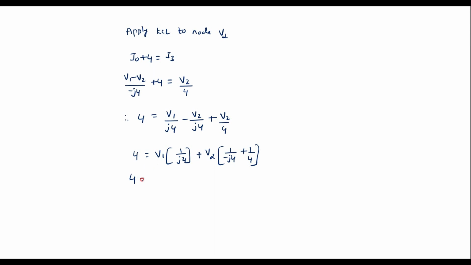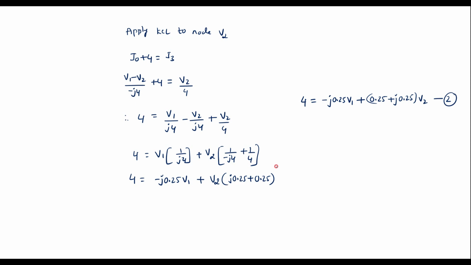So simplifying this, I'll get 4 is equal to minus j0.25 V1 plus (0.25 plus j0.25) V2. Let me call it as equation 2.